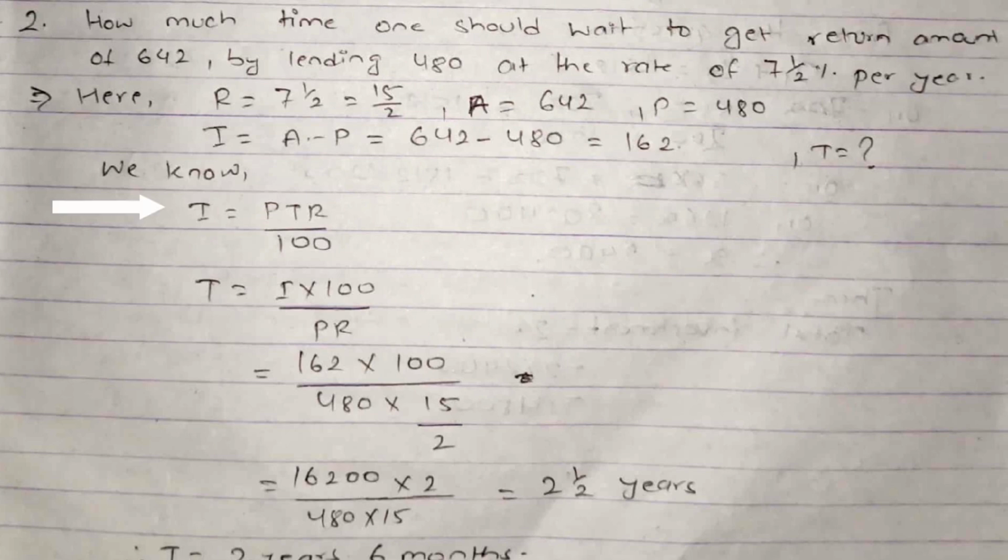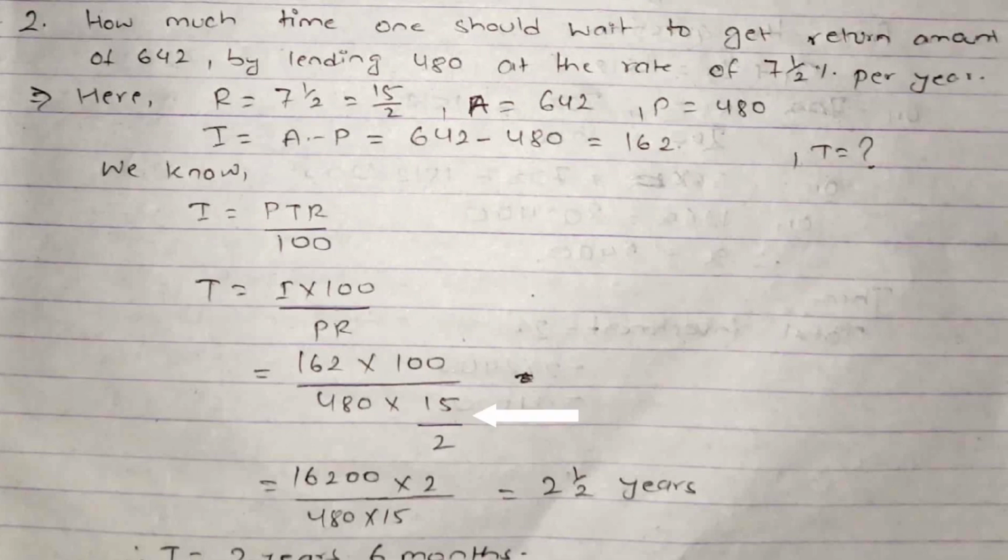From there we can make the formula for time, which will be equal to interest times 100 divided by P into R. We have already calculated our interest to be 162 euro, times 100, which is divided by principal, which is 480 euro, multiplied by rate 15 by 2%. We can calculate this by multiplying 162 by 100 to get 16,200 multiplied by 2.